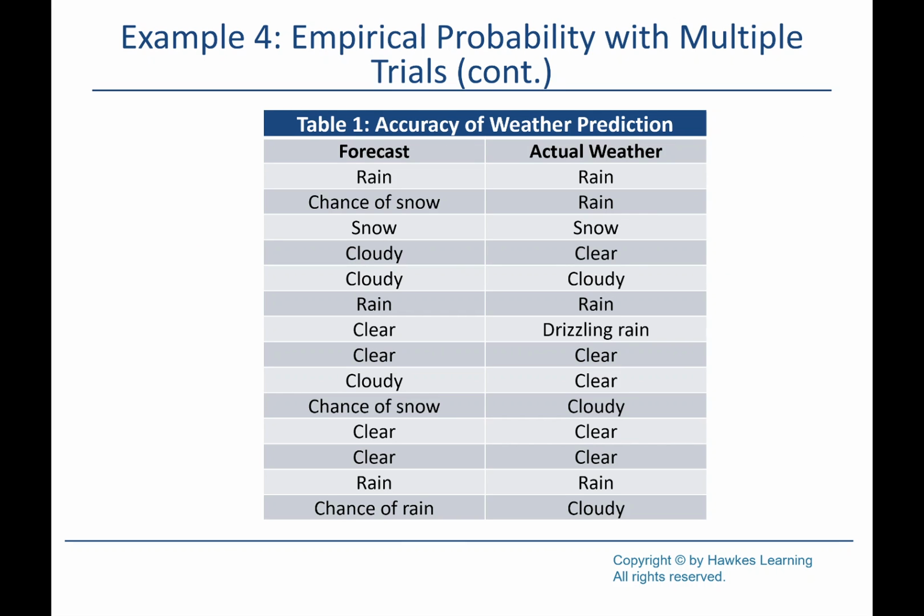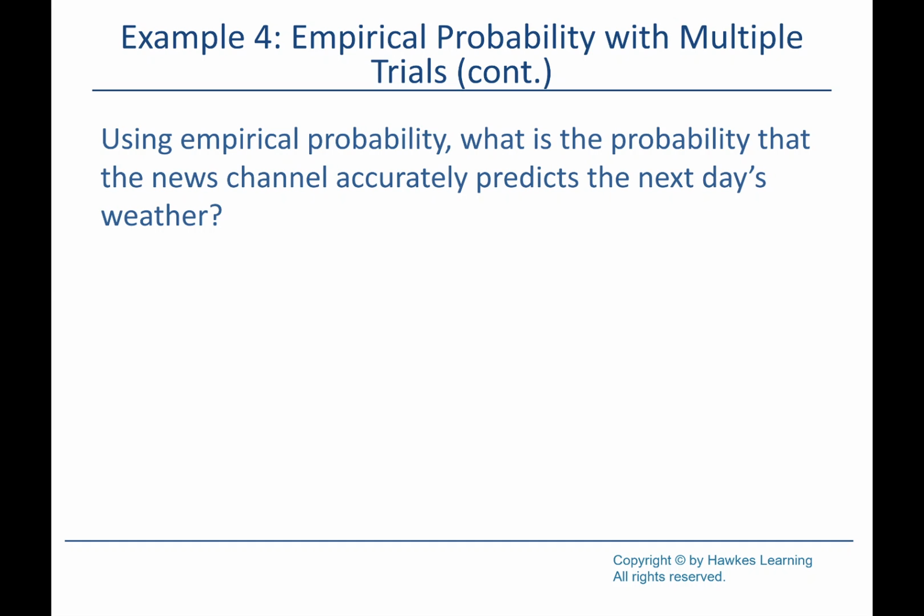Left column, we've got the forecast. Right column, we've got the actual weather that day. We want to know, using empirical probability, what's the probability that the news channel accurately predicts the next day's weather? So we want to know what's the probability they get it right.